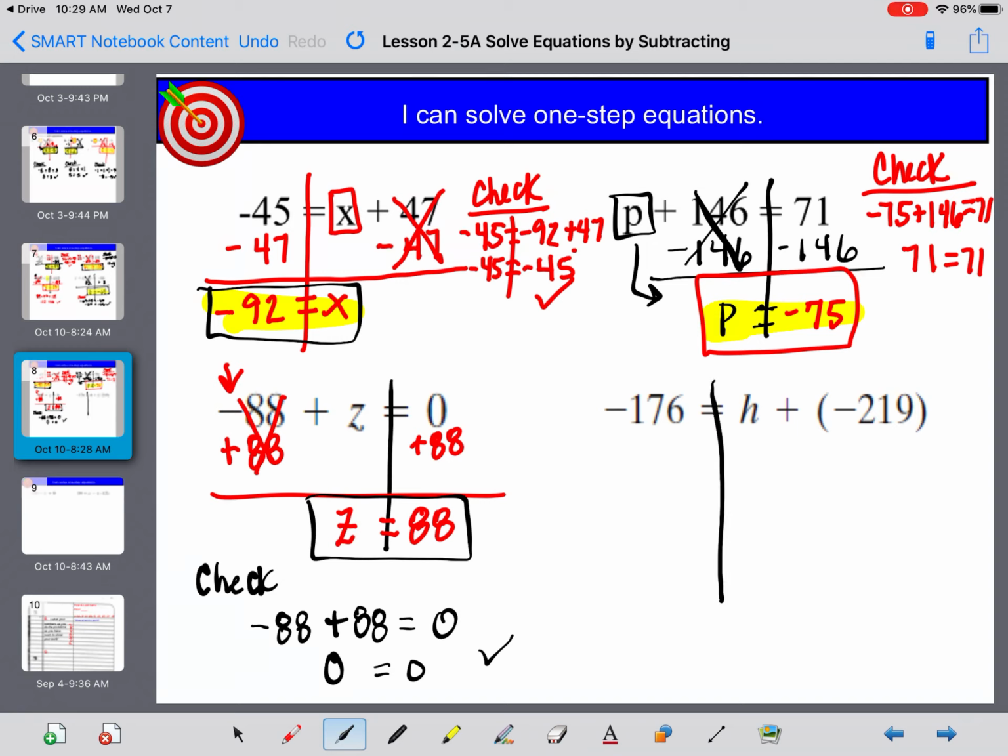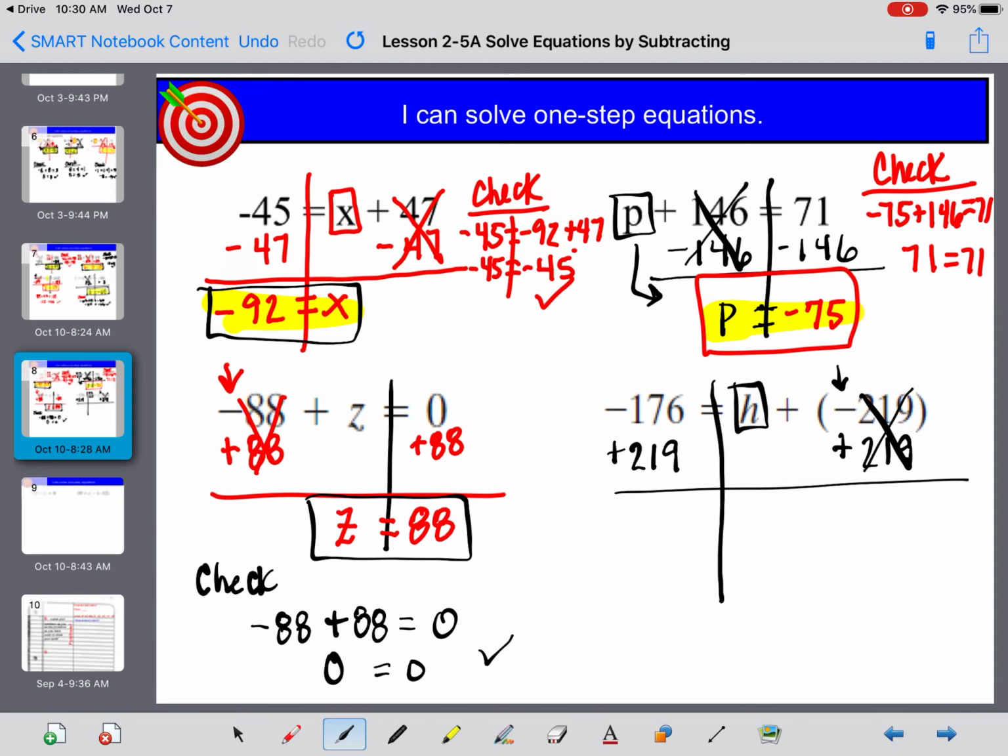Draw a line down your equal sign to differentiate the left side from the right. I work with the side that has the variable, h plus negative 219. This is the sign that tells me that I need to do the inverse of. So instead of it being minus or negative 219, my job is to add 219 to both sides. So negative 176 plus 219.